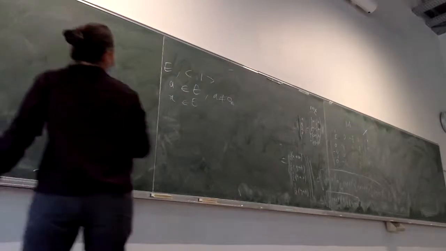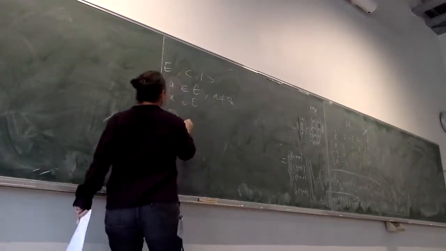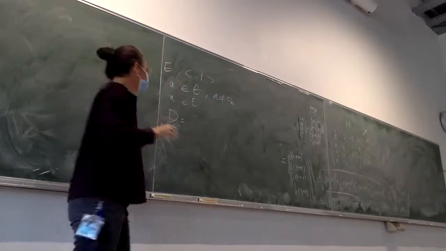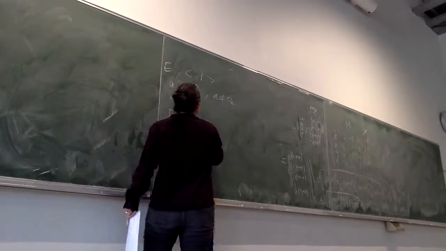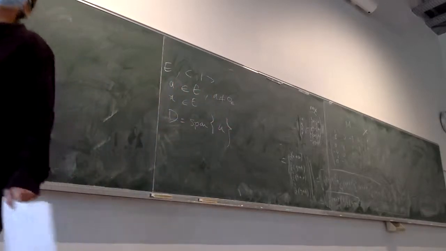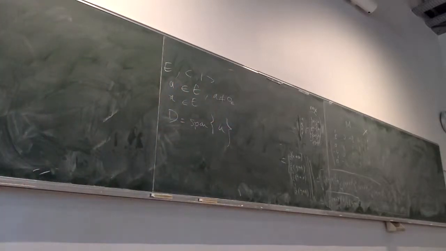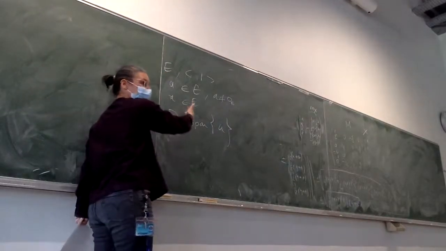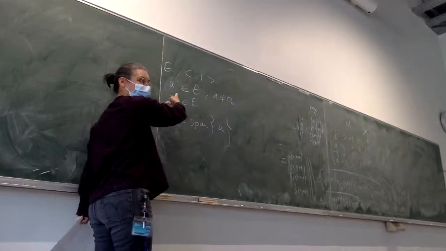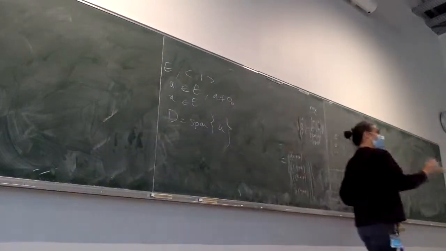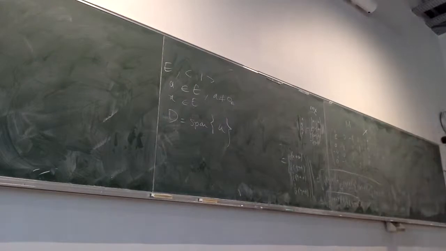And with A, we define D, which is the span of A. Anyway, we define a linear subspace of E, which is just spanned by that single vector. So you can picture that if you are in R2 or in R3, it's going to be a line going through the origin.